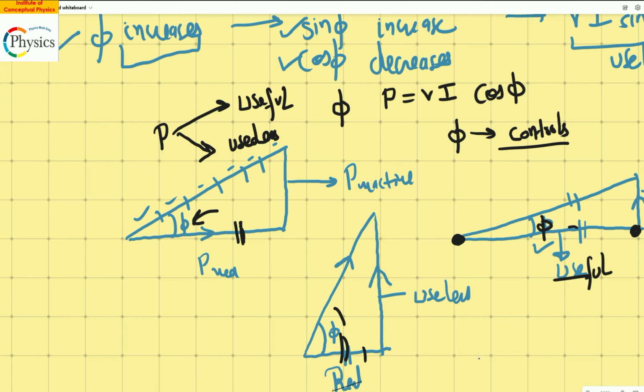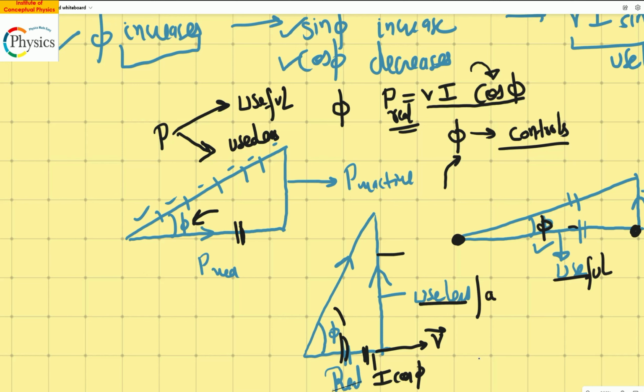Really speaking, the real part of the power is the cos component, which is I cos phi in the direction of the voltage phasor, right? So the real power is decided by cos of phi. Phi decides the split of power between the real power and the useless power. So this is your useless power. Some people call it the apparent power also. Okay, let's not call it apparent now. Let's call it reactive power only.